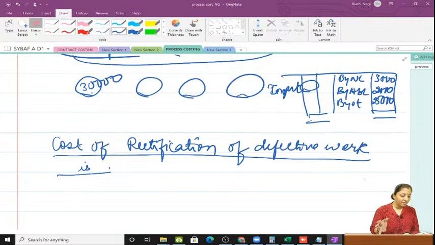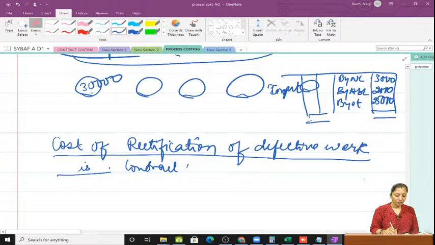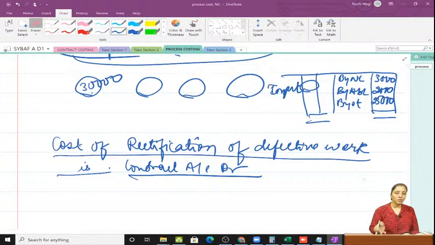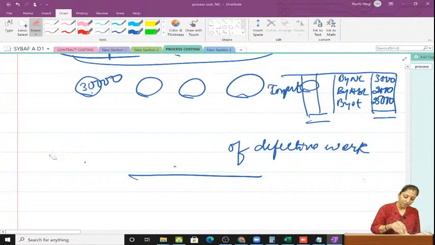I mean, where is it reflected? Okay, so it will be reflected in contract account. Which side? Debit side. It's an expense. Okay, it's an expense and it is related to your contract. So you have to pass it where? Debit side of contract account.